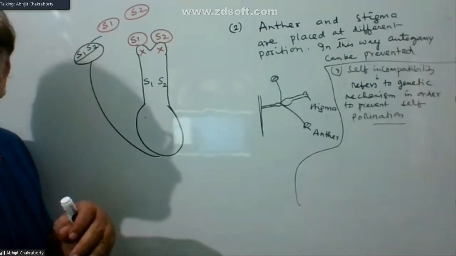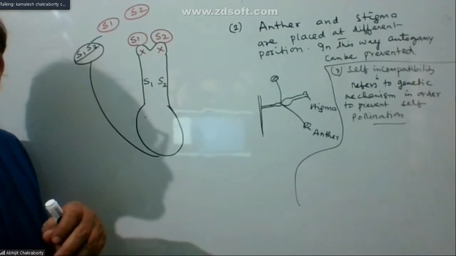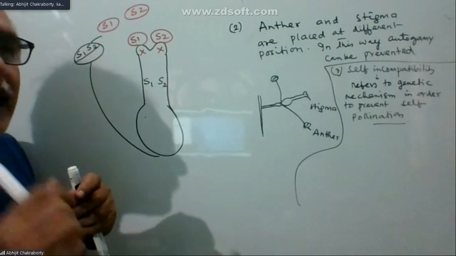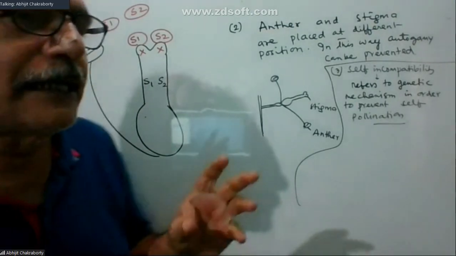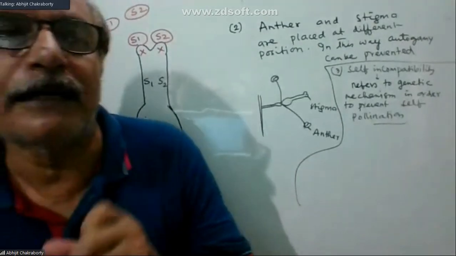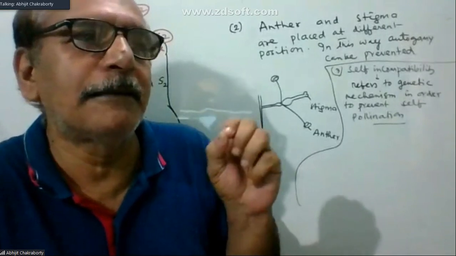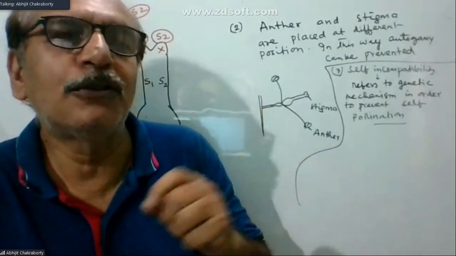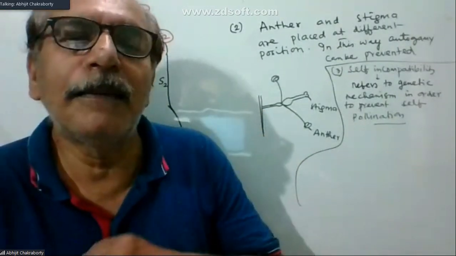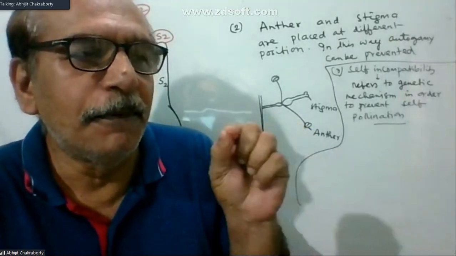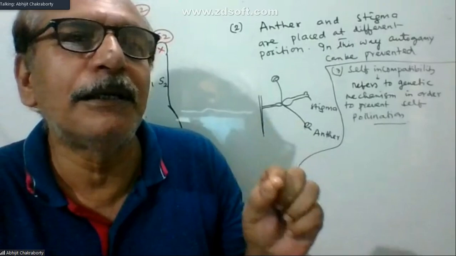Is it clear? Basically, S1 and S2, they are the self-incompatibility factor actually. If similar self-incompatibility factor is found in the anther and also in the stigma, then what happens? Then these will prevent the germination of pollen grains.